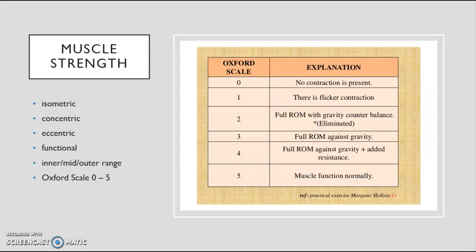So 0 would be no contraction at all. 1 would be a flicker of contraction. 2 would be full range of movement, but with gravity eliminated. 3 would be full range of movement against gravity. 4 is full range of movement against gravity with some resistance. And 5 is muscle functioning normally. When we're looking at muscle strength, when we're looking at the muscle range of movement, we're looking at it through range. So we're looking at inner, mid, and outer range.